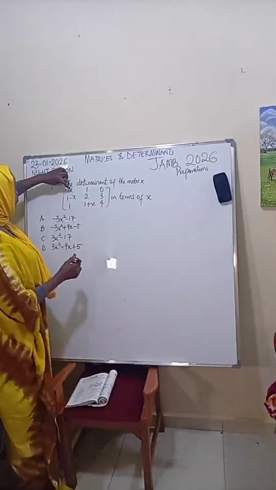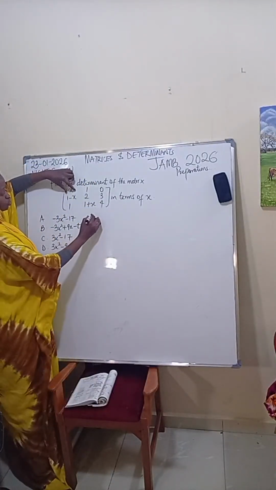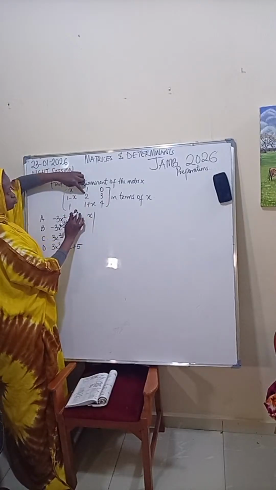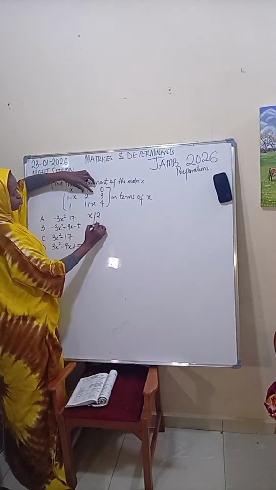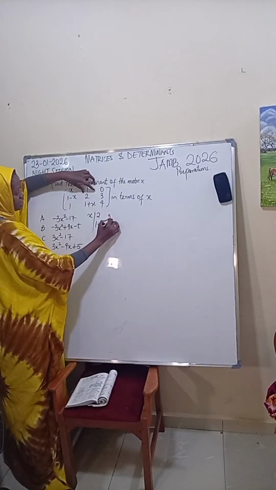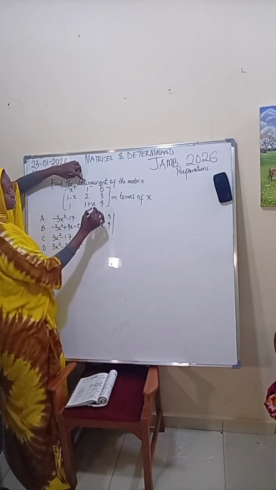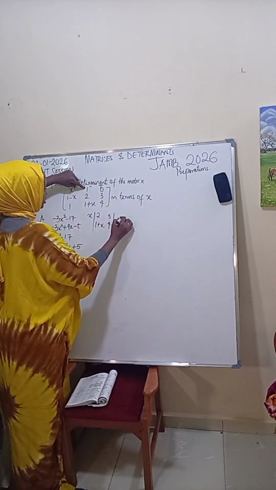So we pick the first row, first column, which is x. If you close all the row and the column, we'll be left with 2, 1 plus x, 3, and 4. Then you know it's plus, minus, plus, right? Then the next one, minus 1.